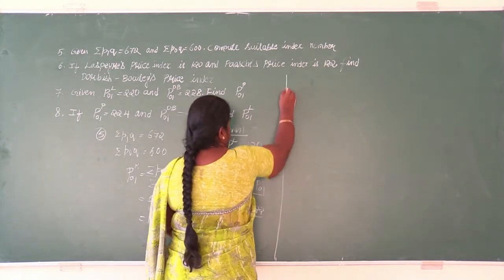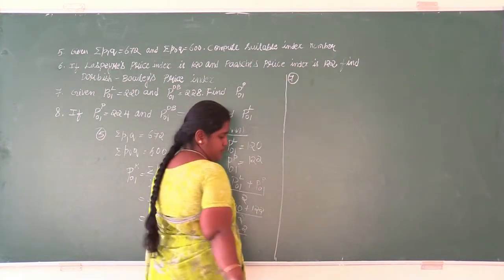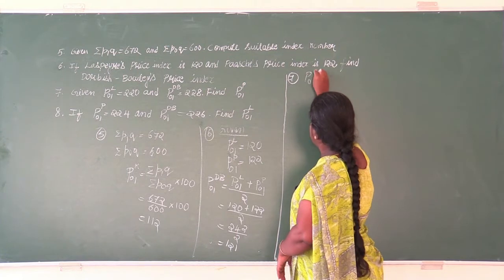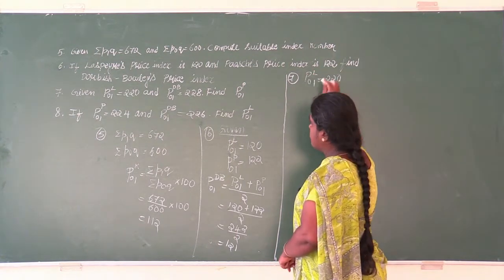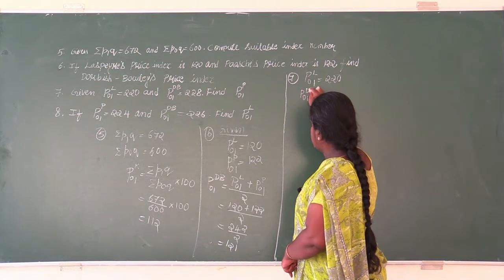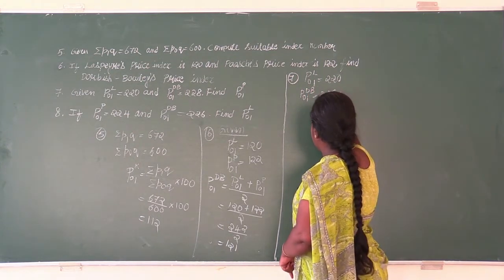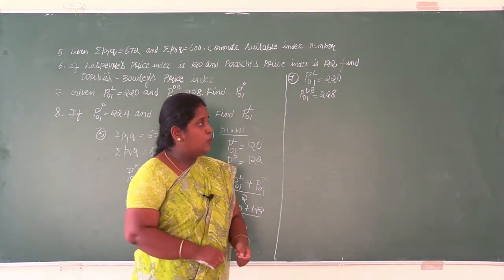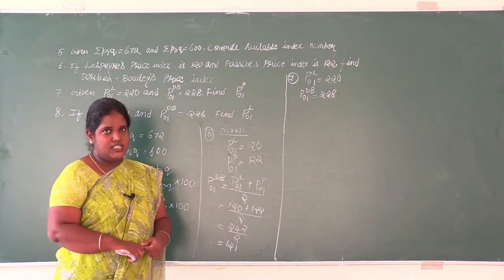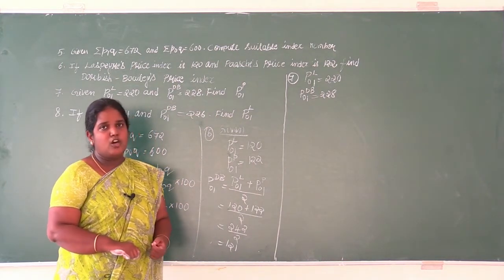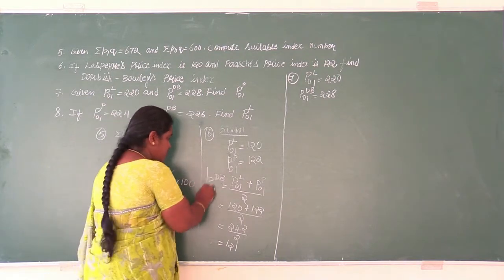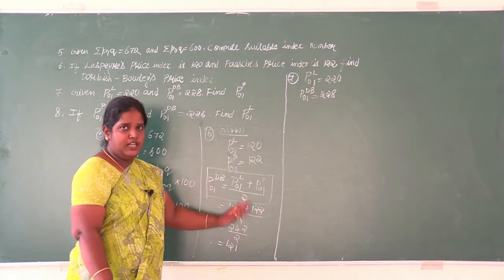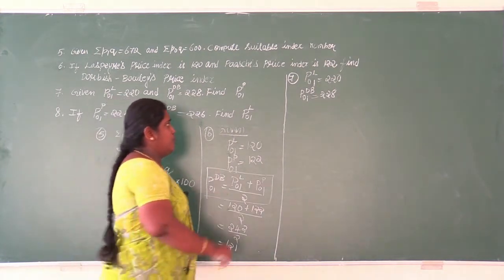The next one is they have given P01L as 220 and P01 dB as 228. So they have given the Laspeyres price index and Drobisch-Bowley's price index. We have to find out the Paasche price index number. Again, since Laspeyres, Drobisch-Bowley and Paasche are used, we have to use the same formula.